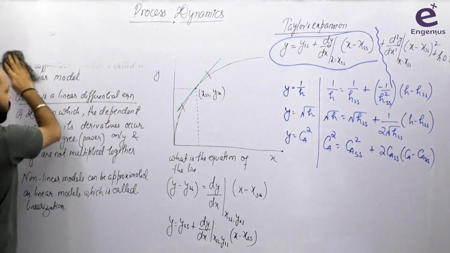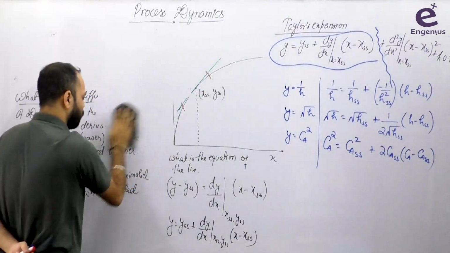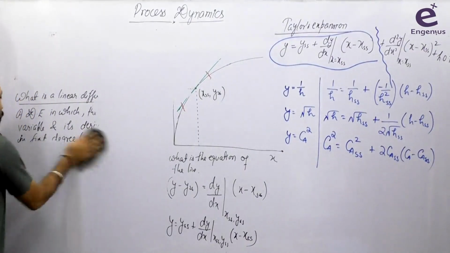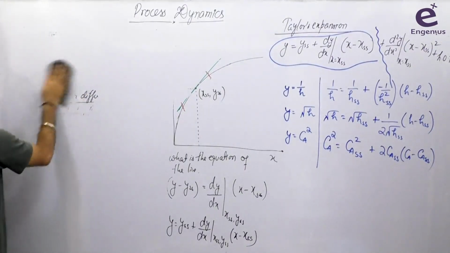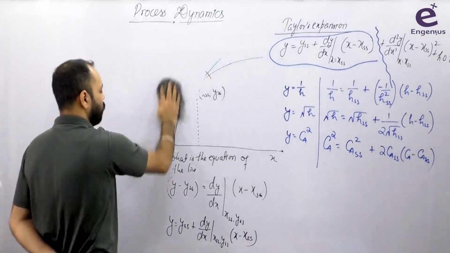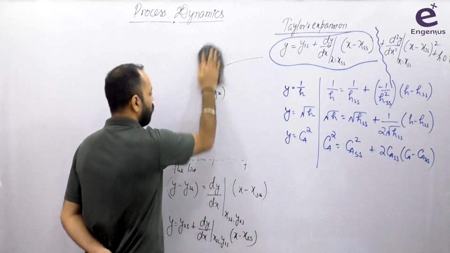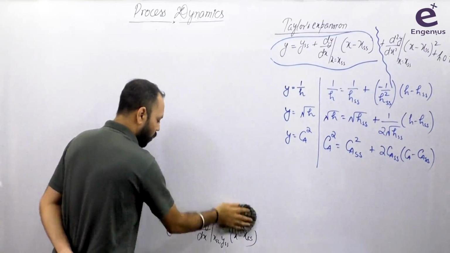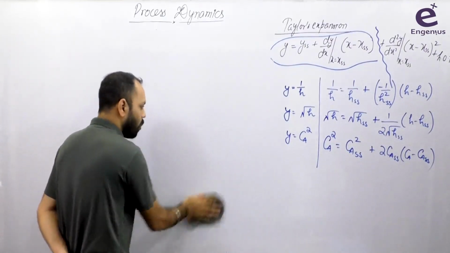So we were talking about linearization. Now I think we discussed 4 models, right? This will be the 5th model, and let us see how to model it. Now I'm going to take again a liquid level system. Liquid level system modeling will be done. Everything is same.